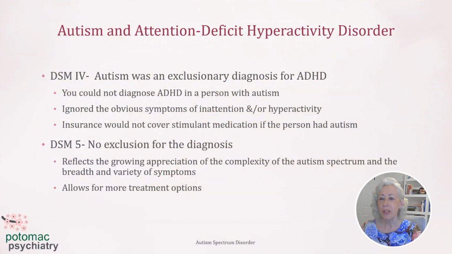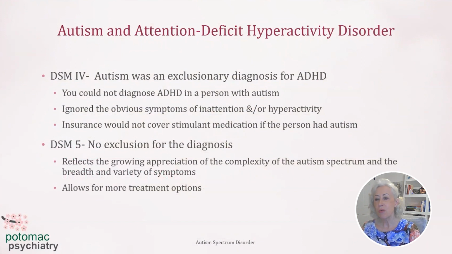It also meant that insurance would not cover stimulant medication if the person had an autism diagnosis. So I was often in the position of having to decide whether the person's diagnosis would be autism or ADHD.